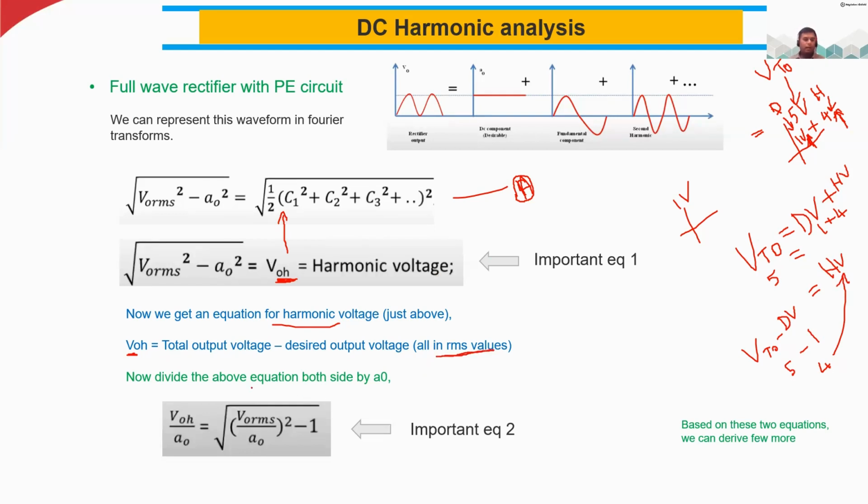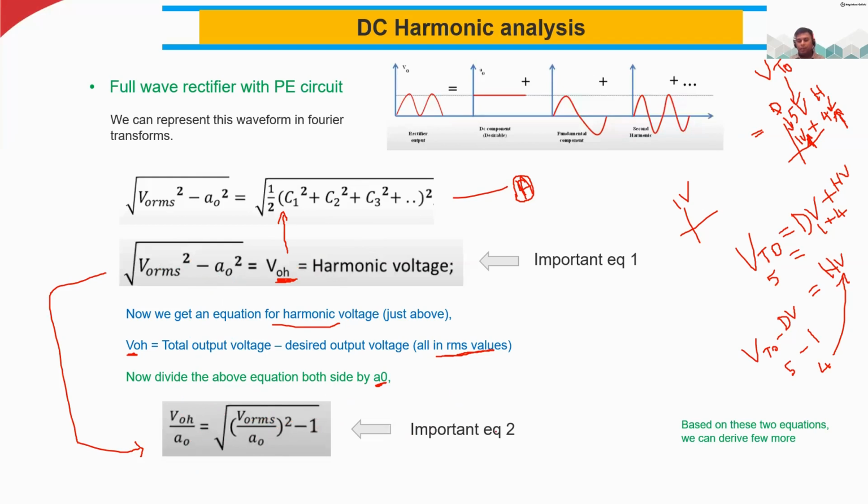So we know this equation now. Now we divide the above equation by A naught on both sides, so we can rewrite the same equation like this. VOH divided by A naught is equal to square root of VO RMS divided by A naught, whole square, minus 1.